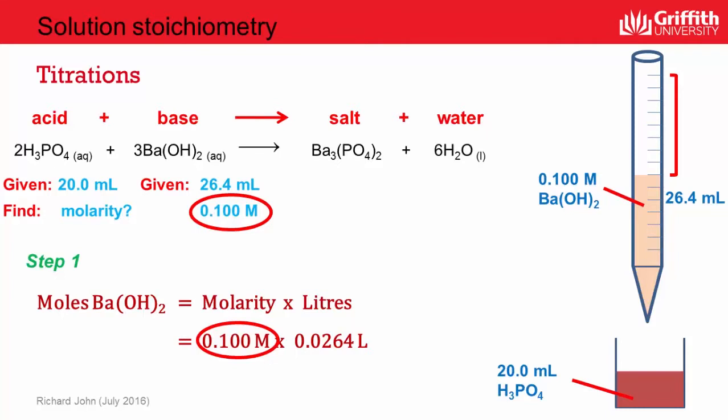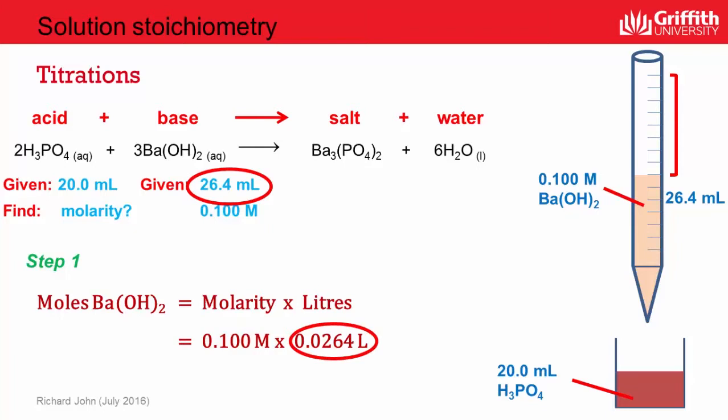We accurately knew its concentration. We deliberately made it up at 0.1 molar concentration. The other information we've been given is the 0.0264 litres. This comes from our 26.4 millilitres, and we've just done a unit conversion from millilitres into litres there. When we plug those two numbers into the calculator, we get 2.64 by 10 to the minus 3 moles of barium hydroxide.